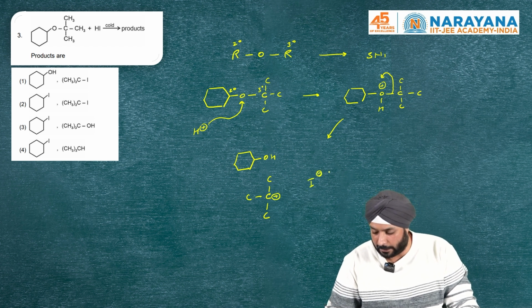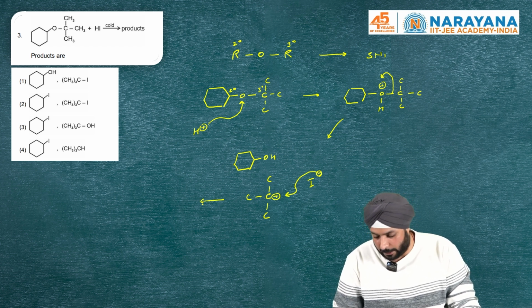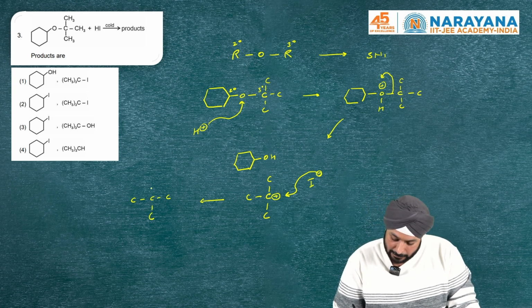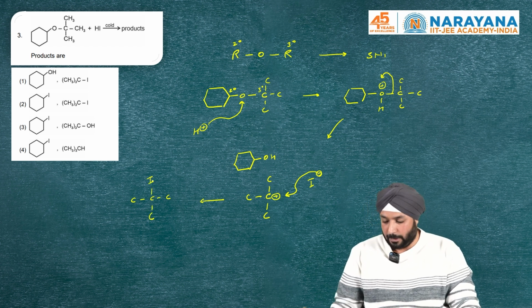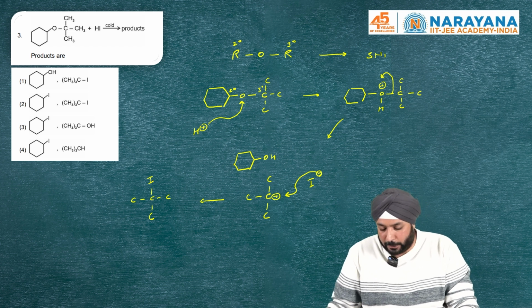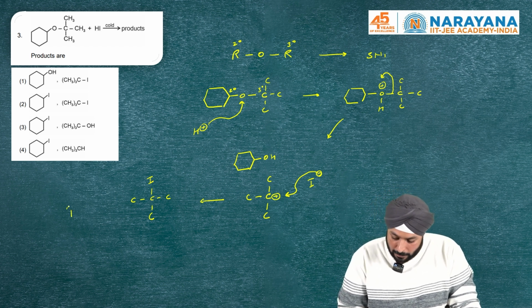Here in this reaction we have I minus as a nucleophile that attacks the tertiary butyl carbon, and it will give us the product. So the correct option should be 1.